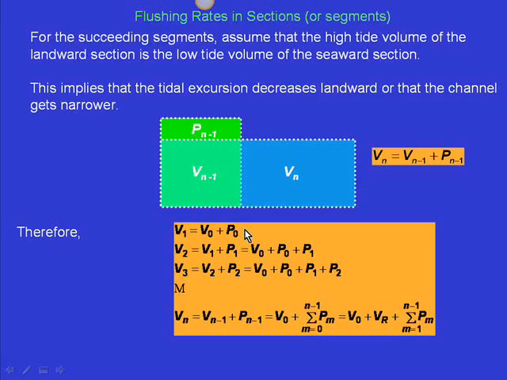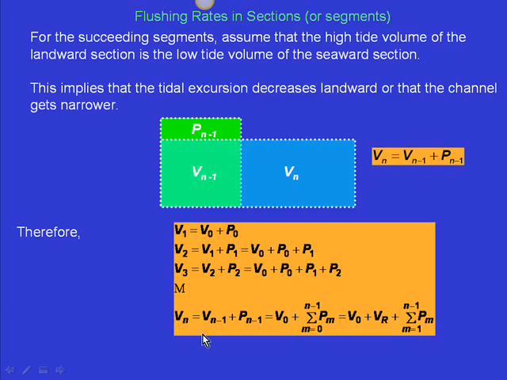So in the river segment, this would be the fresh water from the river. And then the next segment would be the volume of the first segment, V sub 1, plus the tidal prism in that segment. But V sub 1 is V sub 0 plus P sub 0. So you have V sub 0, P sub 0 plus P sub 1. And so on. The next segment will be this one, which is right there, plus P sub 2.